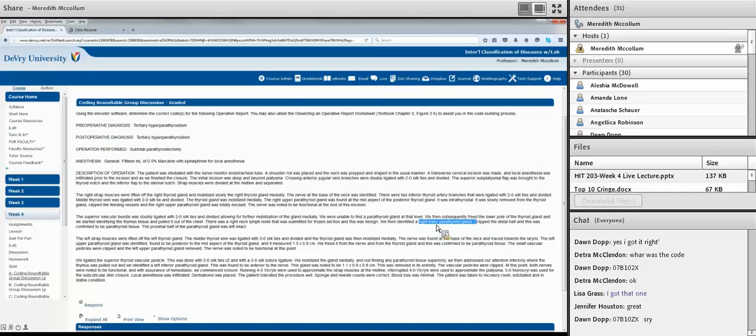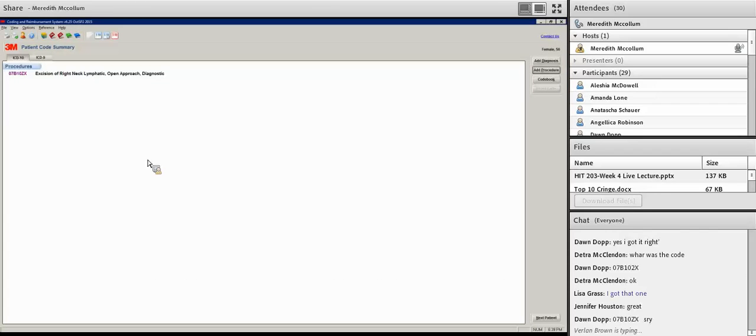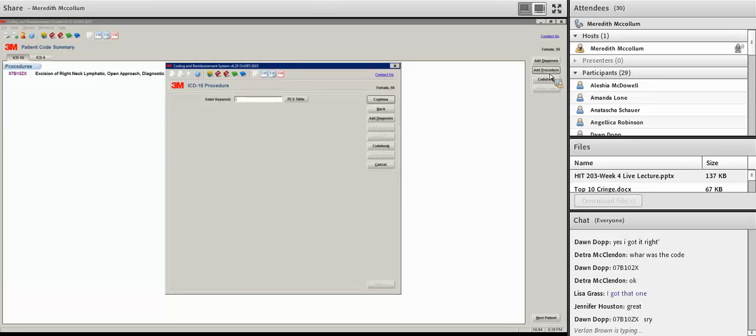The lower also means inferior. And that one was just partially done, because it says the proximal half of the parathyroid was left intact.